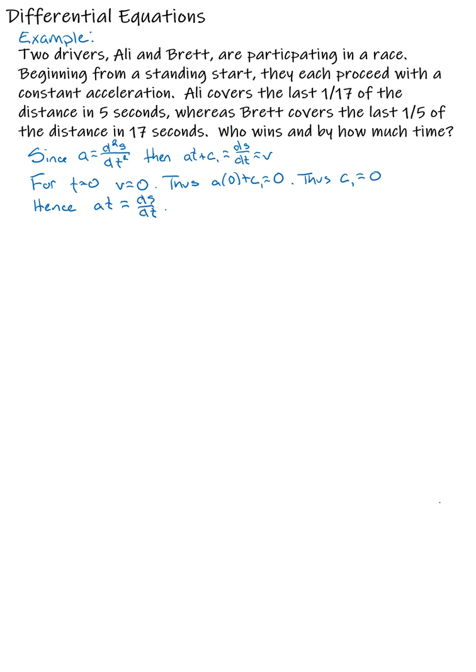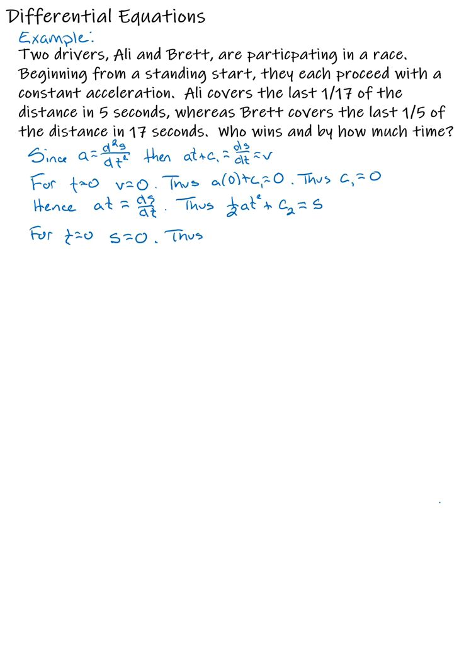And from there, if we integrate again, we get 1/2 AT squared plus another constant, I'll call it C2, is equal to just position. Again, at time equal to 0, we know that the position is also 0.